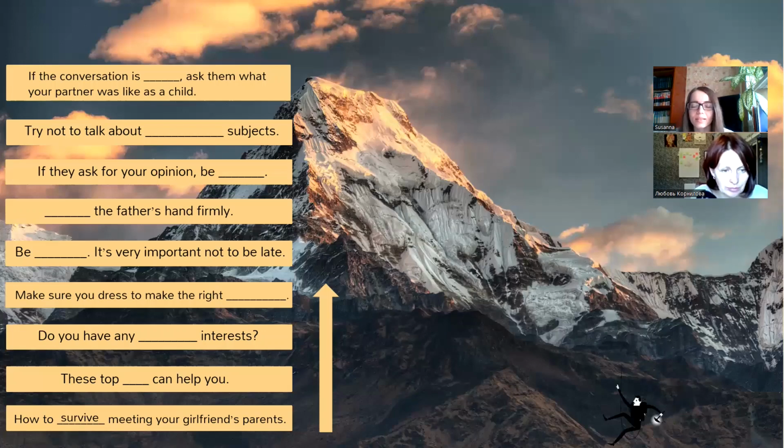Yeah, this is the title of the article. Okay, so next one. These top tips can help you. Yes, okay. So next. Do you have any common interests? Yeah, common interests, correct.